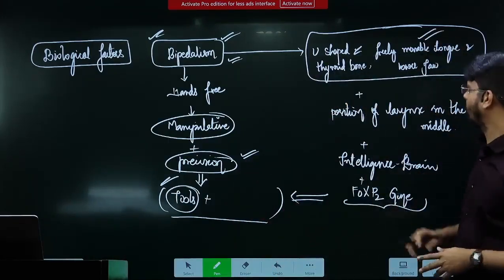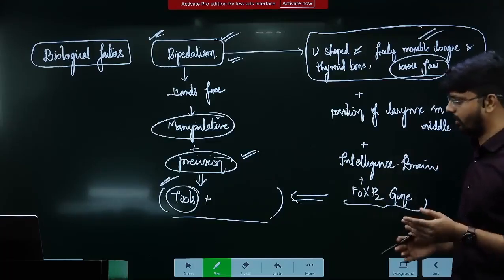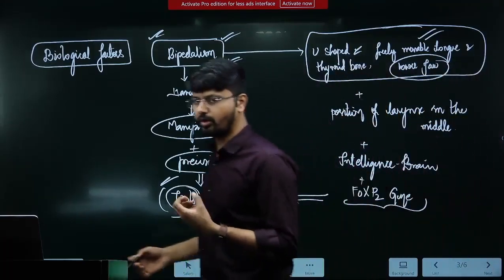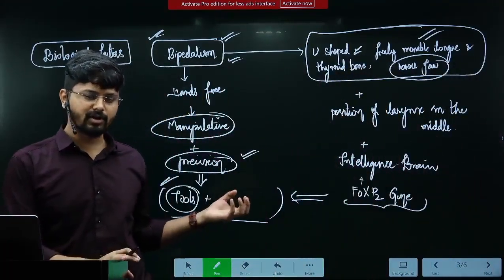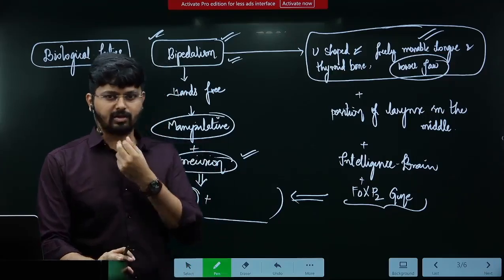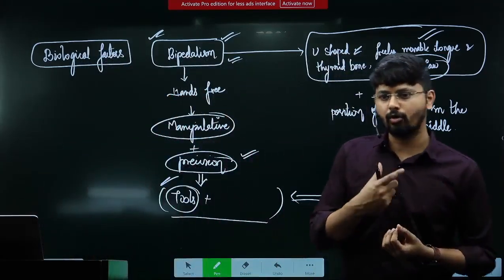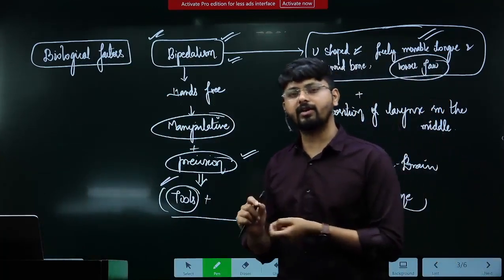And the lower jaw has become smaller. I've told you, because of cooking of food, the food has become soft and you don't need the jaw's power anymore. So because of that, the lower jaw has become smaller, and there is a reduction of teeth as well.